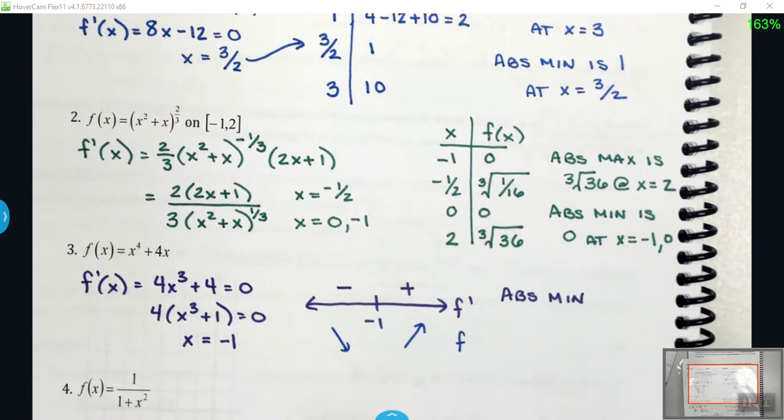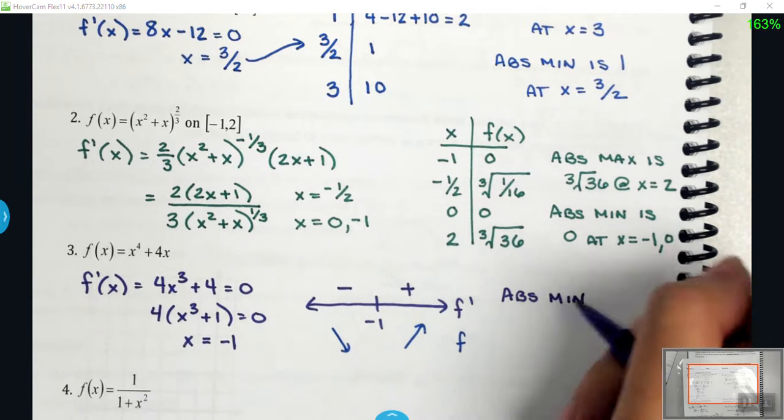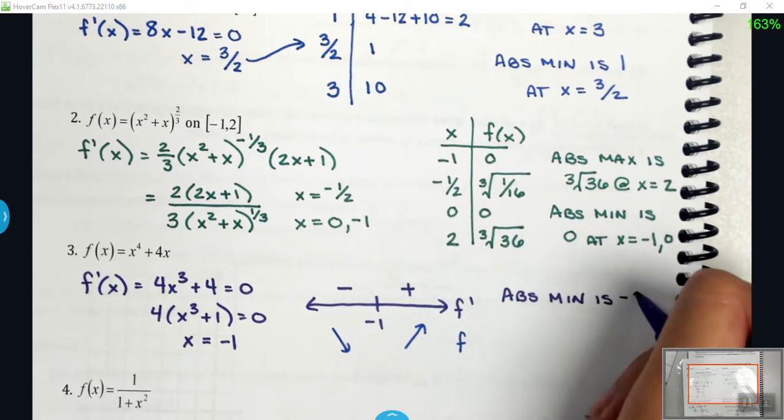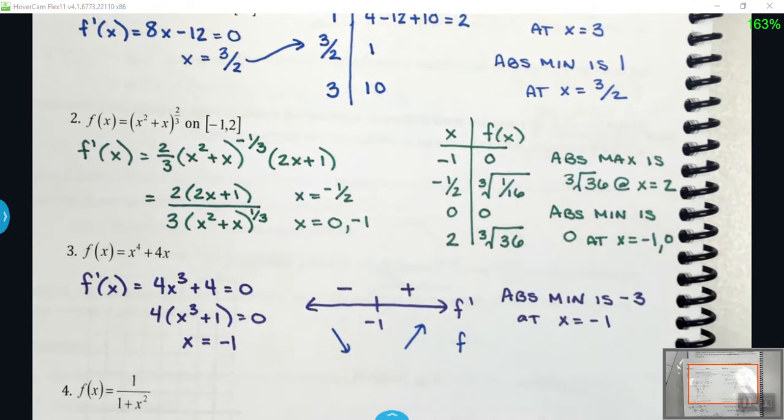What is it at -1? -1 to the 4th plus 4 times -1 is -3, at x equals -1. Okay, and then I don't have an absolute max on that one because I just go always decreasing to always increasing. All right.